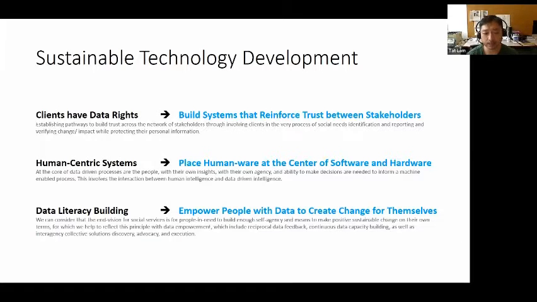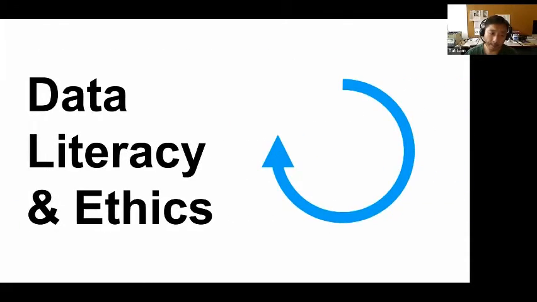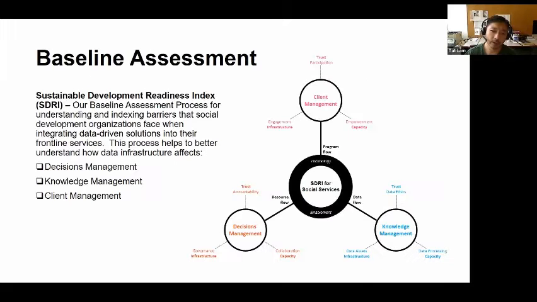It's coming back to our program about the data divide: how can we build the literacy of people, understanding the value of data, not just in the management team, not just from the funders' perspective, but also in the beneficiaries' community.